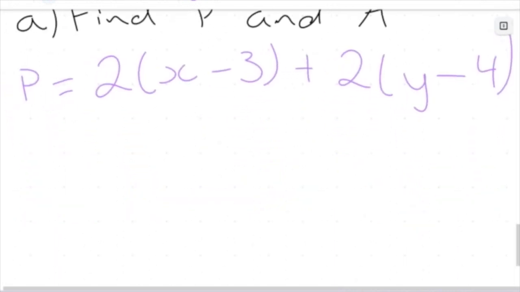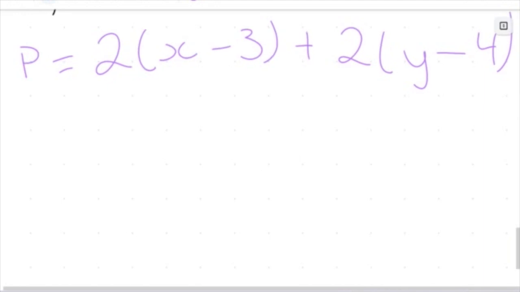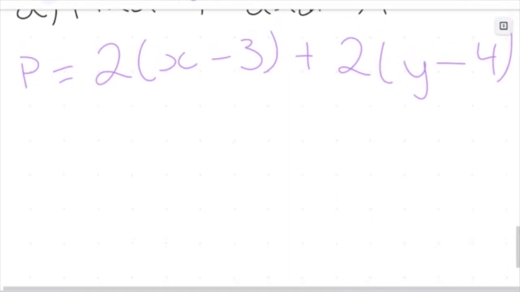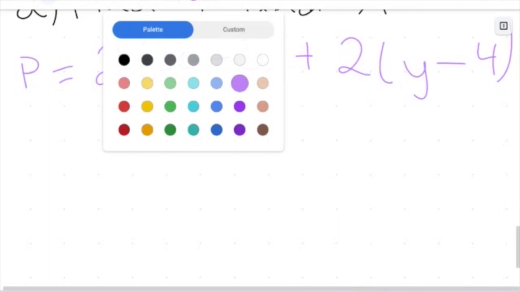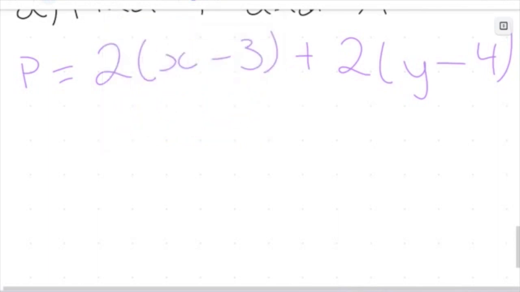Now this looks a little bit scary because now we have these 2 expressions. So this looks a little bit intimidating, but if we just go through it slowly, you'll see that there's not too much of a difference in how we approach this stuff. So I have 2 expansions I have to do. I have here 2 lots of x minus 3, and on the right side I have 2 lots of y minus 4.